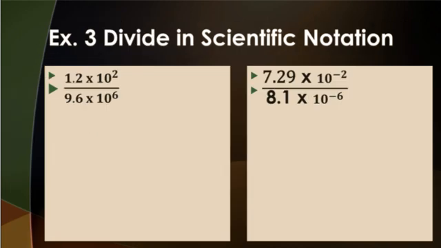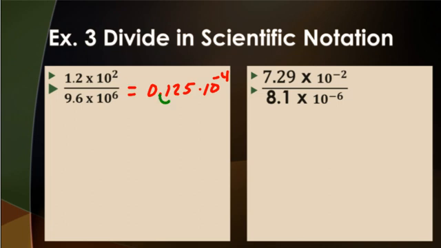Next one, work with dividing. We do everything the same way. We divide the decimals, so 1.2 divided by 9.6 gives us 0.125 times 10. And when we divide bases, we subtract the exponents. So 2 minus 6 would give us a negative 4. Well, my answer is not in scientific notation.